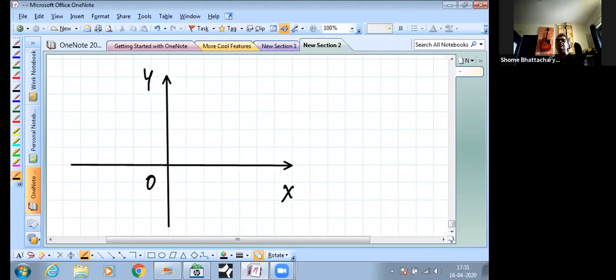Then the angle theta is defined as the angle by which we are rotating a certain object like a rod. So if I keep a rod like this, such that from the x-axis it has been rotated through an anti-clockwise angle as theta, that is what I define as the angle theta. It is the anti-clockwise rotation with respect to the x-axis.